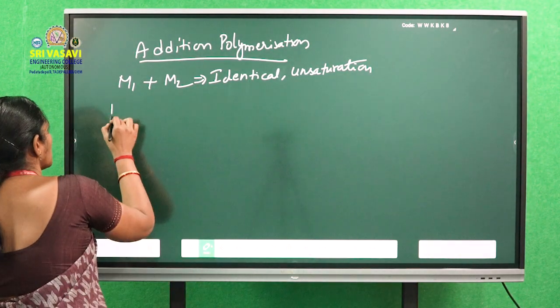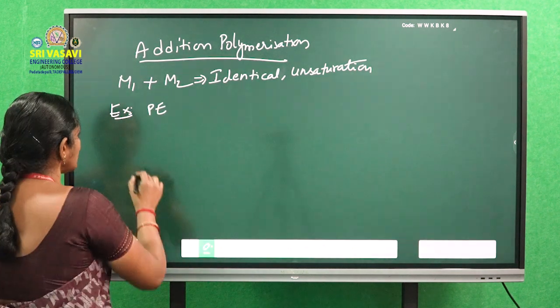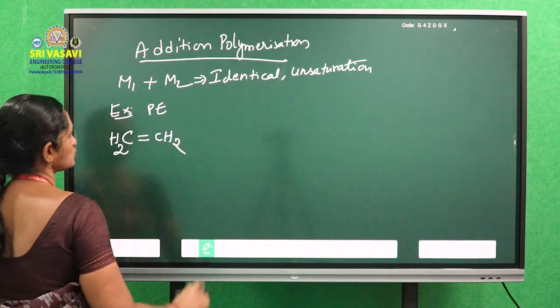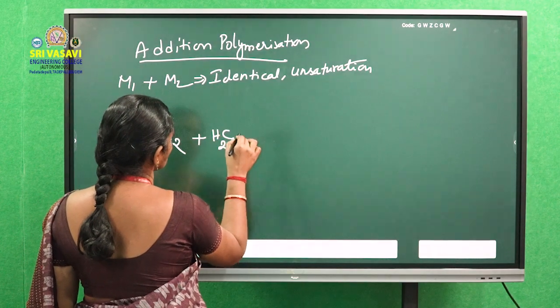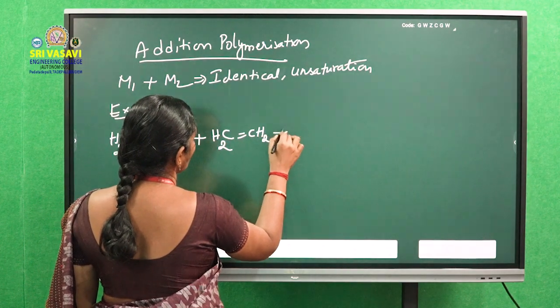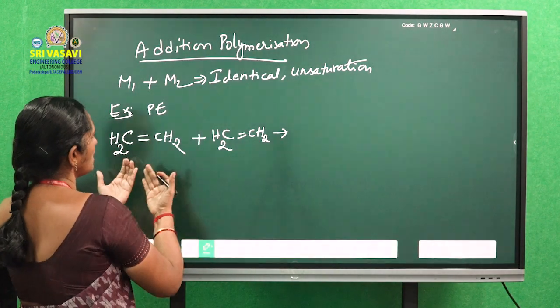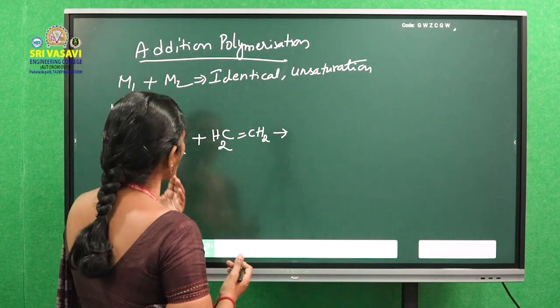Let us take an example, polyethylene, CH2 double bond CH2. Say I take two monomers, CH2 double bond CH2. These two are identical and have unsaturation, so how can I add them?